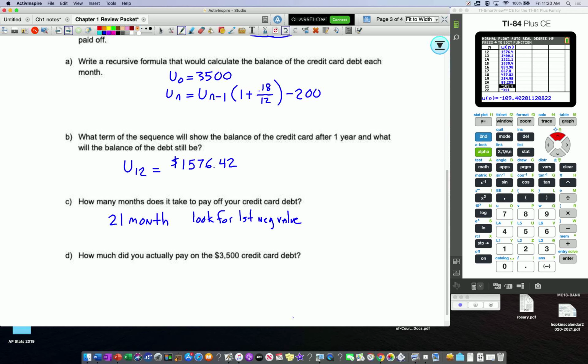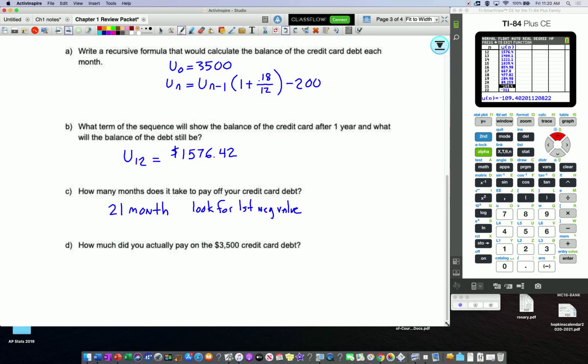Okay. So now, how much did you actually pay for the $3,500 debt? So remember how this works. Okay, so we paid $200. So this was my payment.